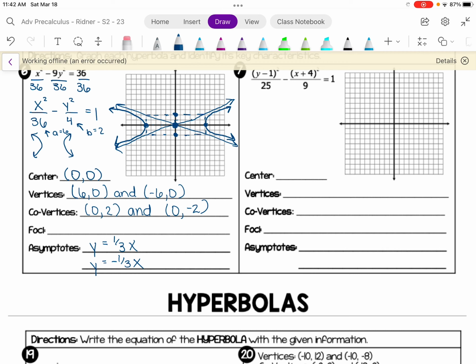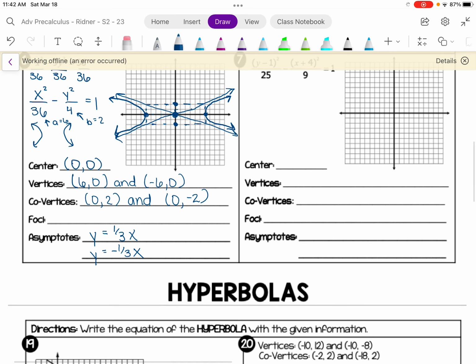For your foci, they're just a tiny bit more work. So c squared equals a squared plus b squared. So c equals the square root. A squared is 36. B squared is 4. So that's 40. Which is approximately 6.32.